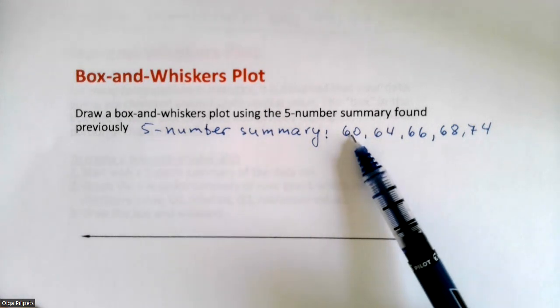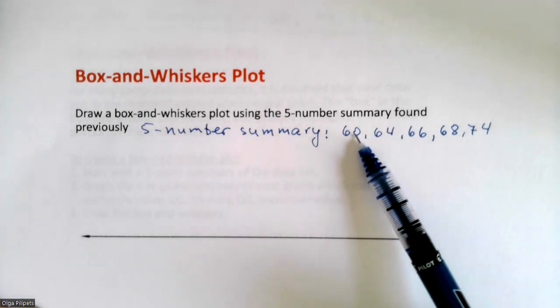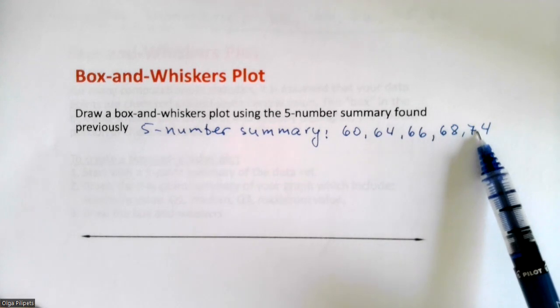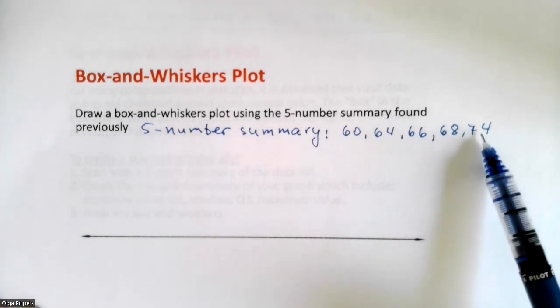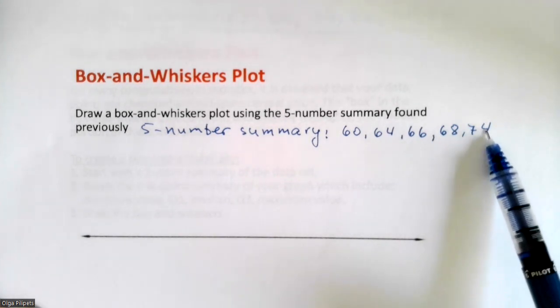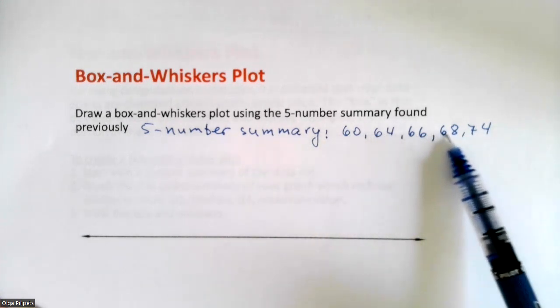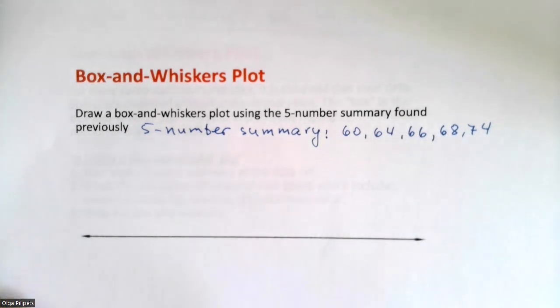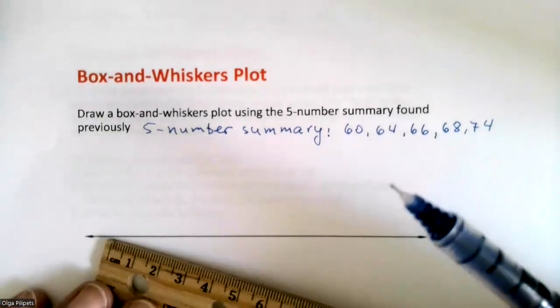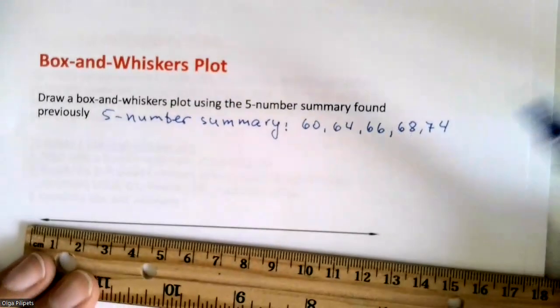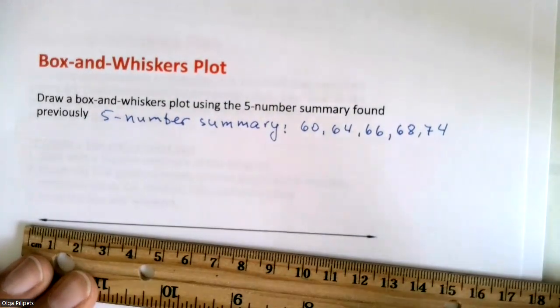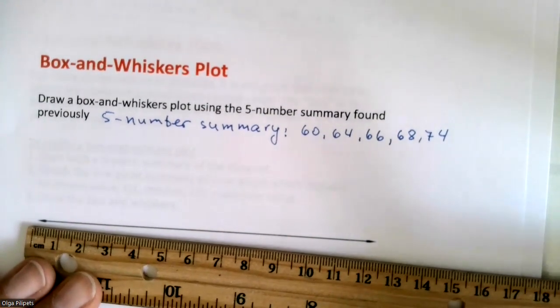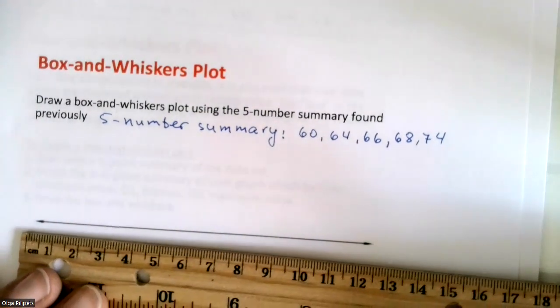So that means I need a 60 in there, and I need a 74 in there. So that's where my range comes into play. I need to accommodate 14 units on this number line. So let's see. It looks like it's slightly less than 14.